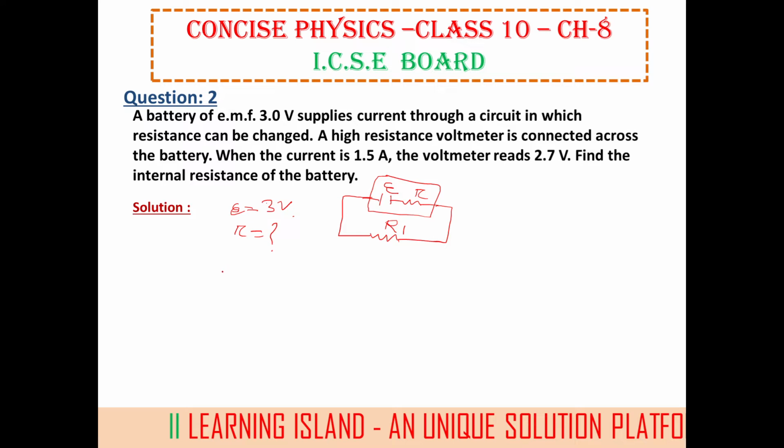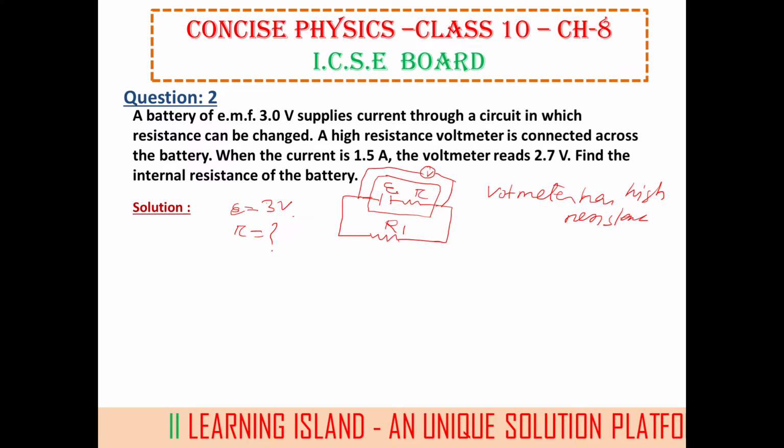What is given? A high resistance voltmeter is connected. That means there is a voltmeter connected over here. The voltmeter has a high resistance, so there will be no current flow in the voltmeter.